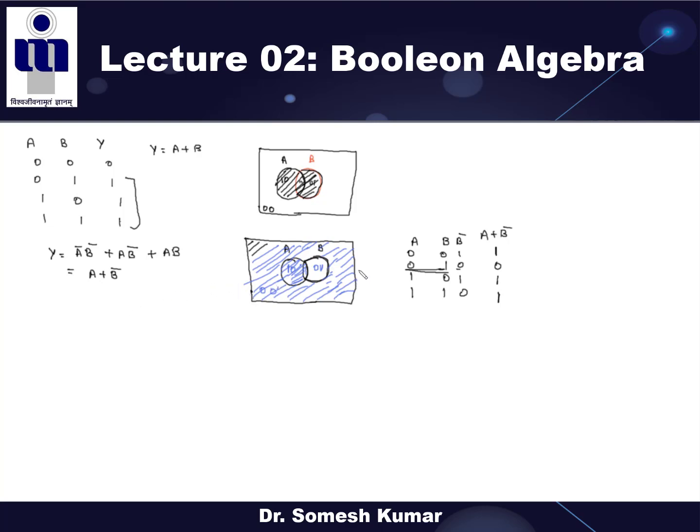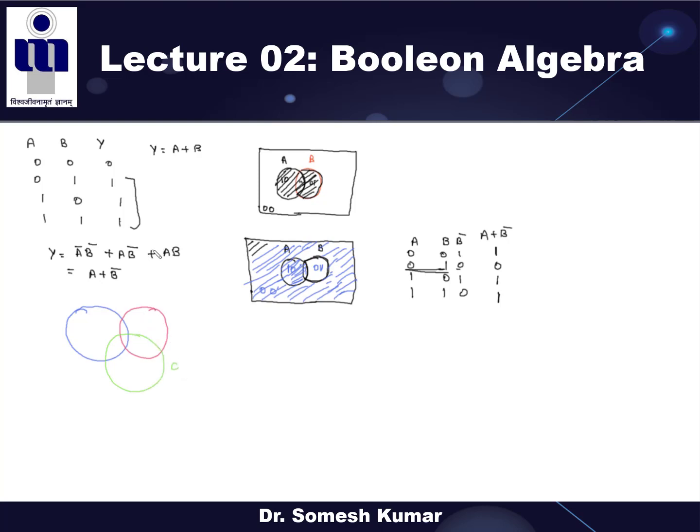Similarly, you can use three-variable Venn diagrams, right? Mostly two and three variable Venn diagram questions are asked in the exams, right? So for the three variables, this is A, this is B, and this is your C, right?